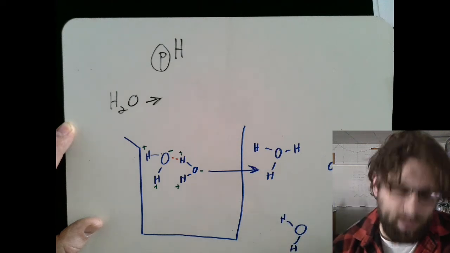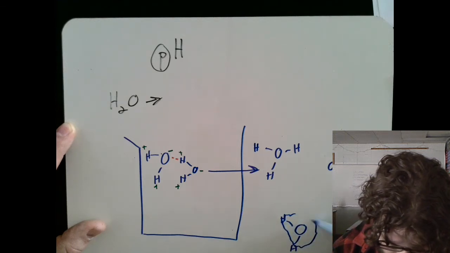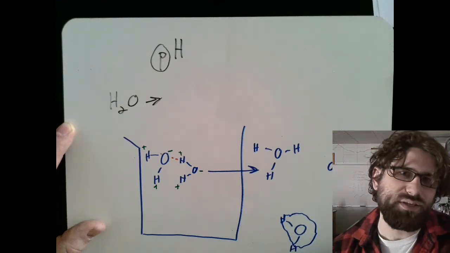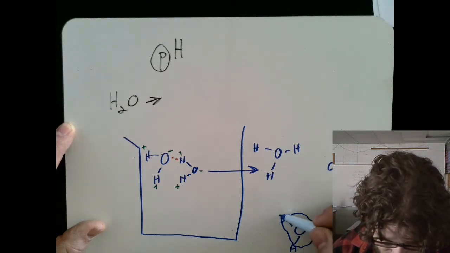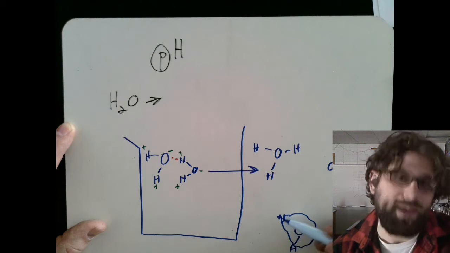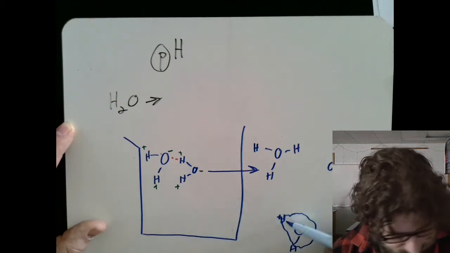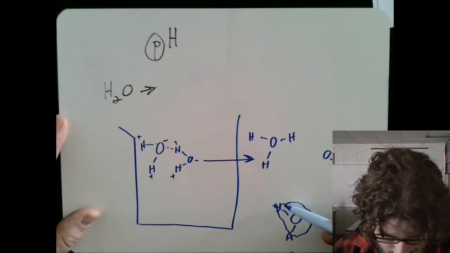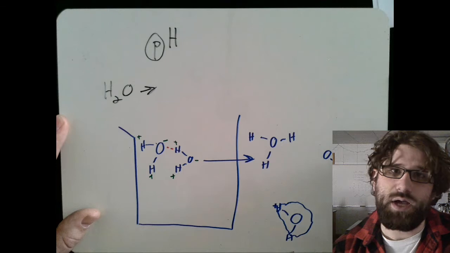If I were to draw this electron cloud, it would really look kind of more like this. It would barely be touching these hydrogens. And so really on the outside of this water molecule, I've got just a tiny little proton just hanging out. So when this other water molecule takes this proton right here, it's going to just take the proton and leave all the electrons on their own.